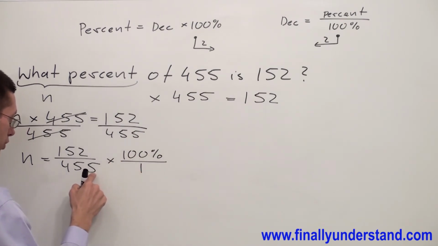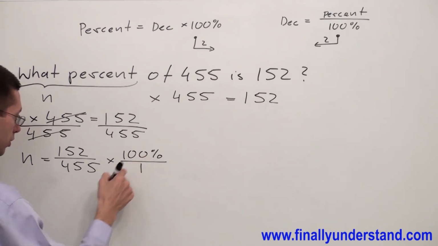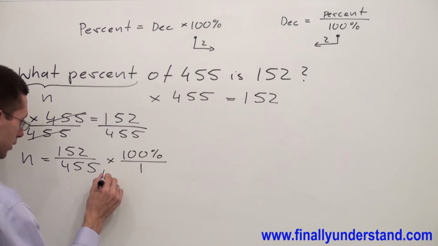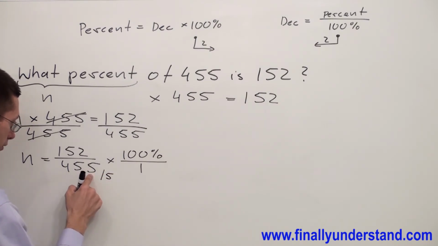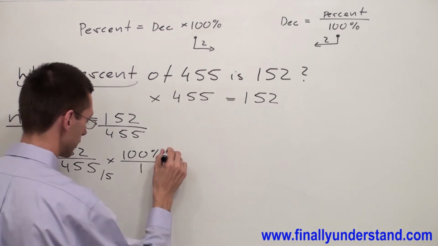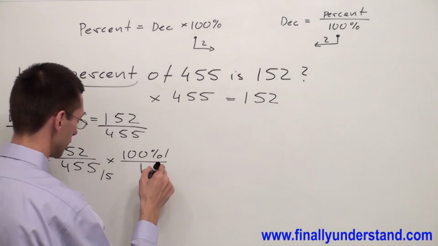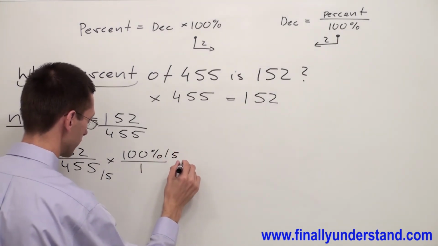Anytime you have numbers which end with 5 and 0, they are divisible by 5. So I'm going to divide 455 by 5, and 100 also I'm going to divide by 5.